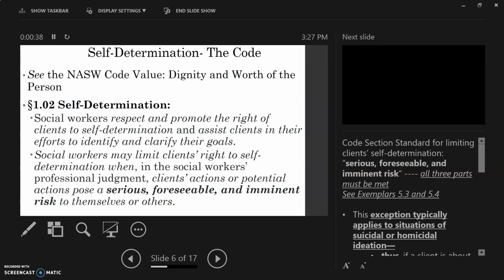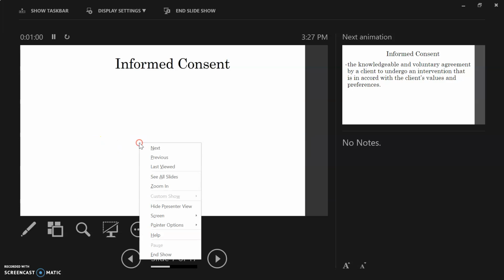Self-determination and professional expertise, the conflict and dilemma between them, is in exemplar 5.4 on page 99. So between 98 and 99, these two exemplars really cover this. Take a look. There are good explanations in the textbook. Any questions, let me know.